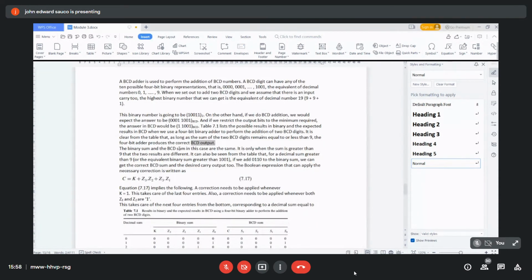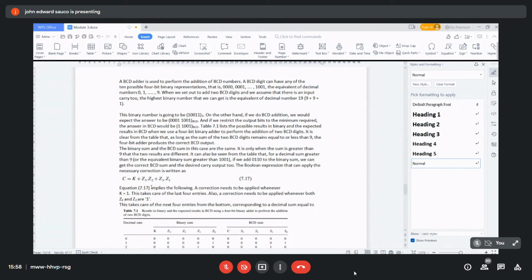So the binary sum and BCD sum in this case are the same, pag equal or less than 9. It's only when the sum is greater than 9 that the two results are different. It can also be seen from the table that for a decimal sum greater than 9, or the equivalent binary sum greater than 1001, if we add 0110 to the binary sum, we can get the correct BCD sum and the right carry out too.